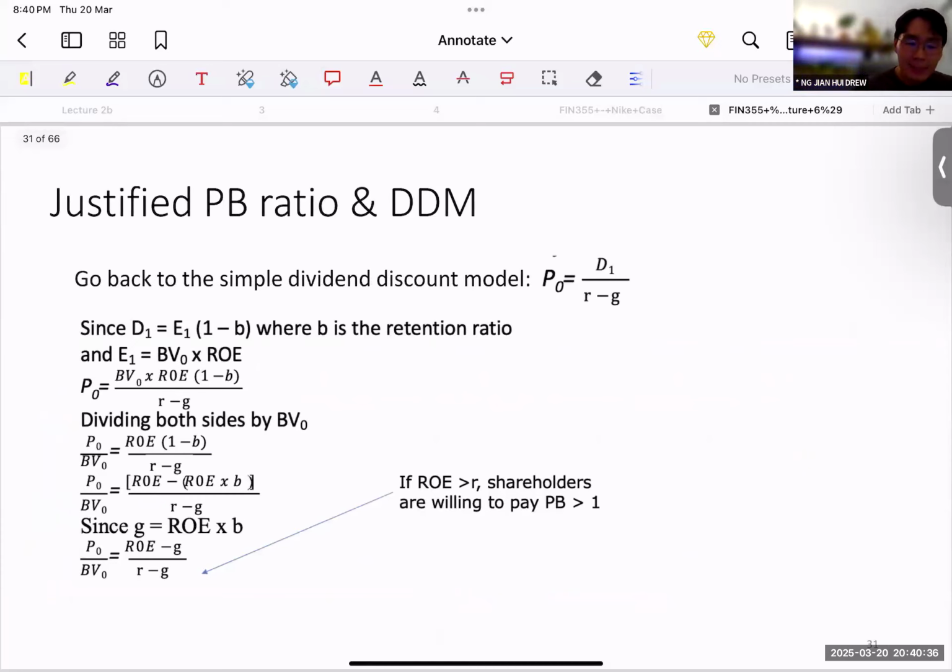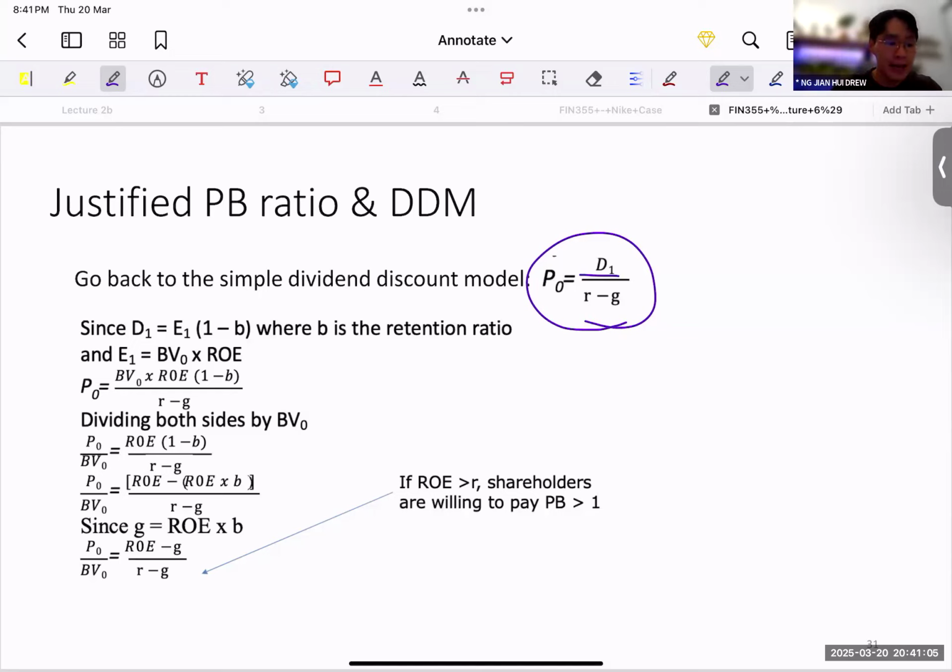Okay. So similar to what we did in PE, we are going to derive the justified P/B, or price to book value ratio, starting with our dividend discount model. With the dividend discount model, which gives us your growing perpetuity, we know that D1 is your amount of dividends.